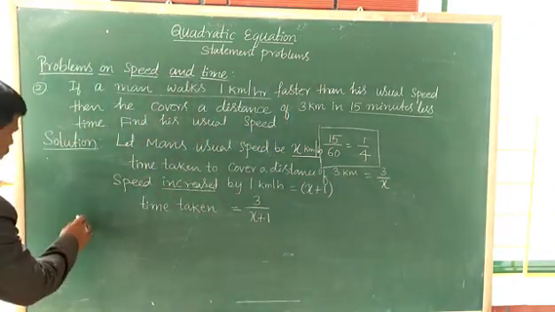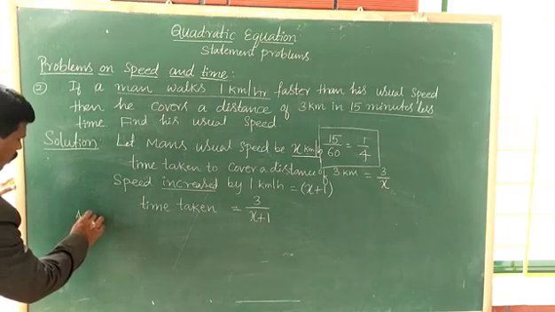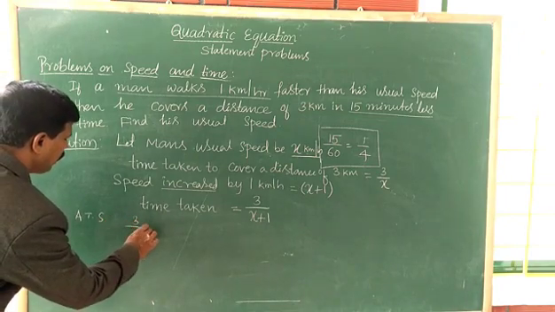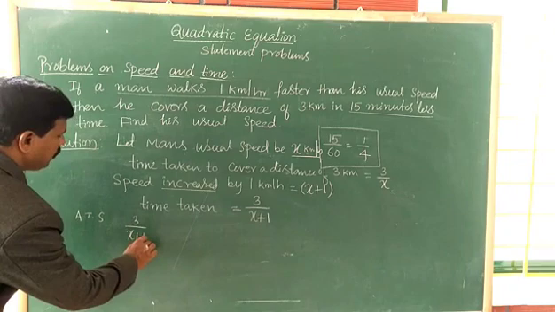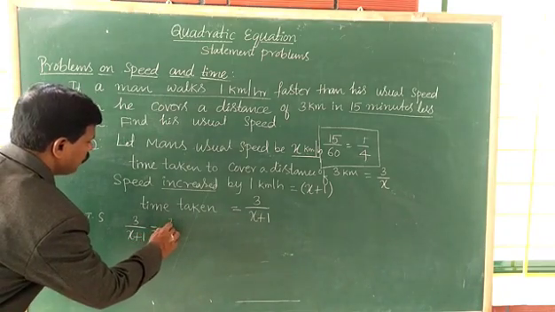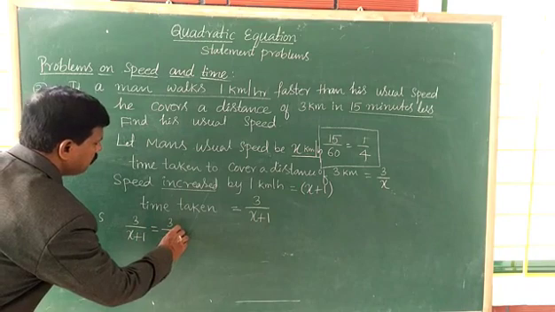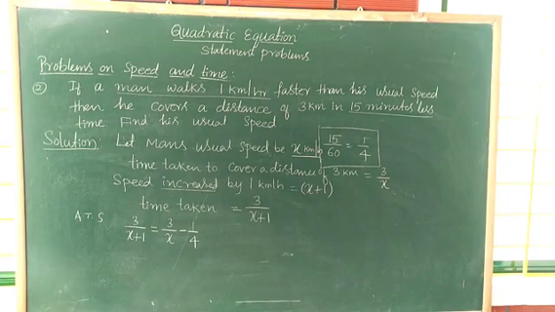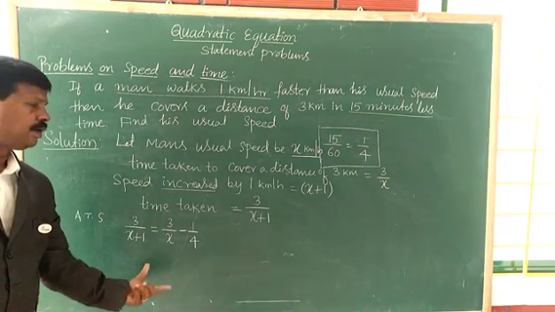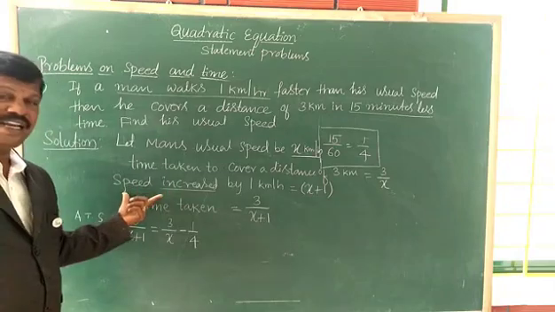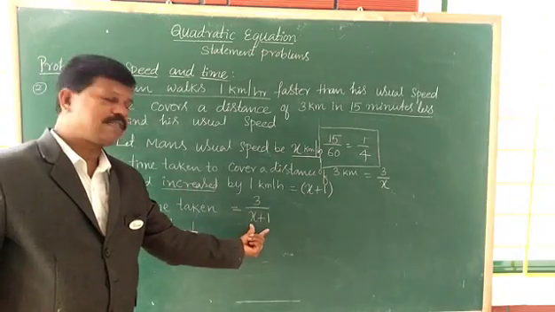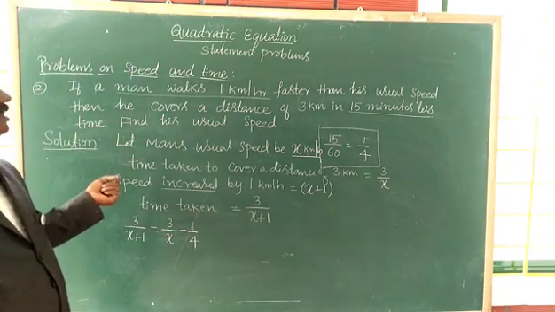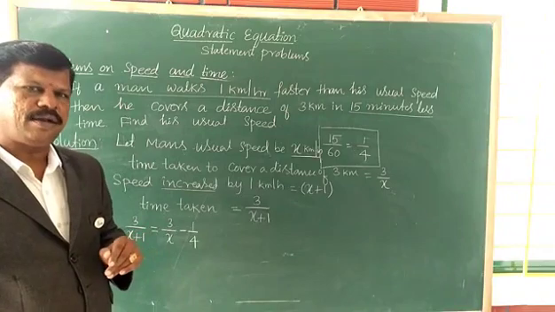So according to the statement, what you can write is 3 by x plus 1 is equal to 3 by x minus 1 by 4. This is very, very important. When the speed is increased, the time taken is 3 by x plus 1. This time is 15 minutes less than the original one.